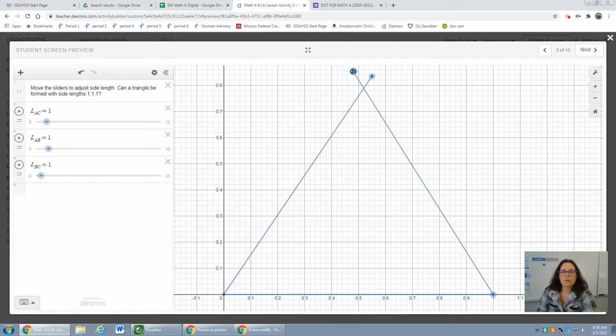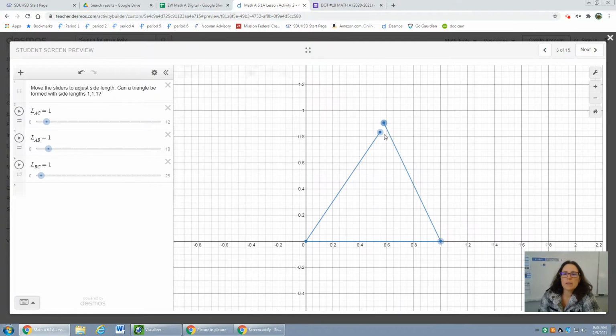All right, so these are side lengths 1, 1, 1. Please bear with me while I troubleshoot with you. So this does make a triangle. There is a way to perfectly line up these endpoints, which are called vertices, so that the three sides form an enclosed triangle.